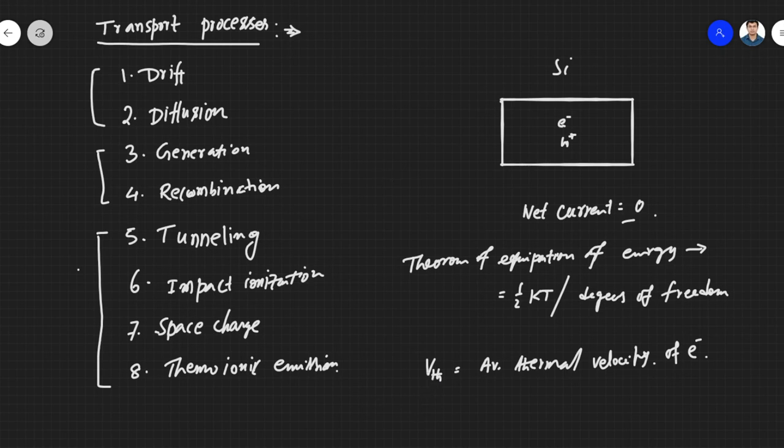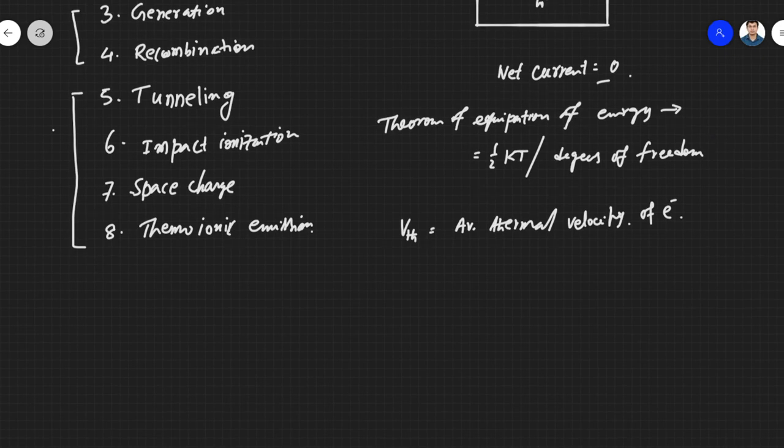In this situation, what will be the kinetic energy? The electron is having velocity Vth. So the kinetic energy of the electron, we know, is half m v square, so half mn vth square.